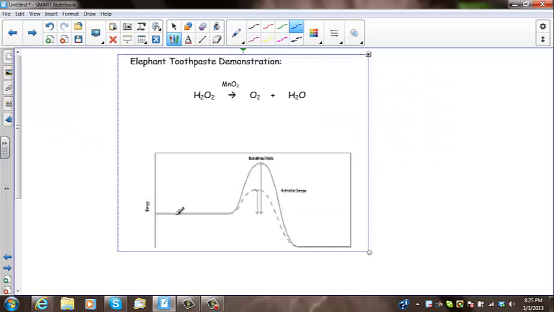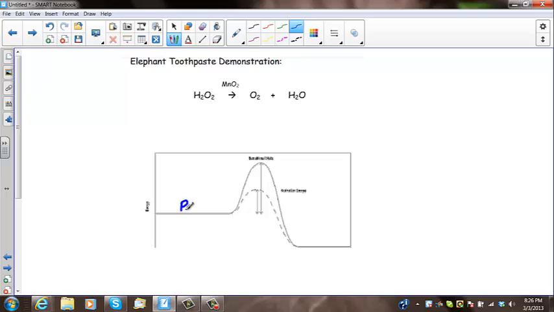So in this reaction right here, let's just say these were my reactants, these were my products, and up here is what's called the activated complex. We're going to discuss this in more detail. This is that intermediate stage. The activation energy is this amount that it takes to get from the reactants to the top of the hill.